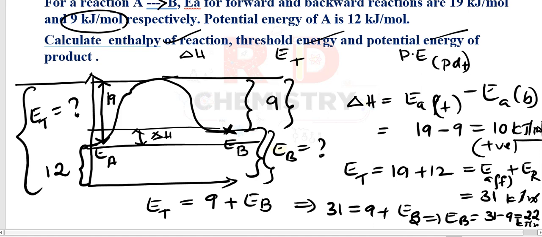So we have to identify whether it is an endothermic reaction or an exothermic reaction. Hope it is clear.